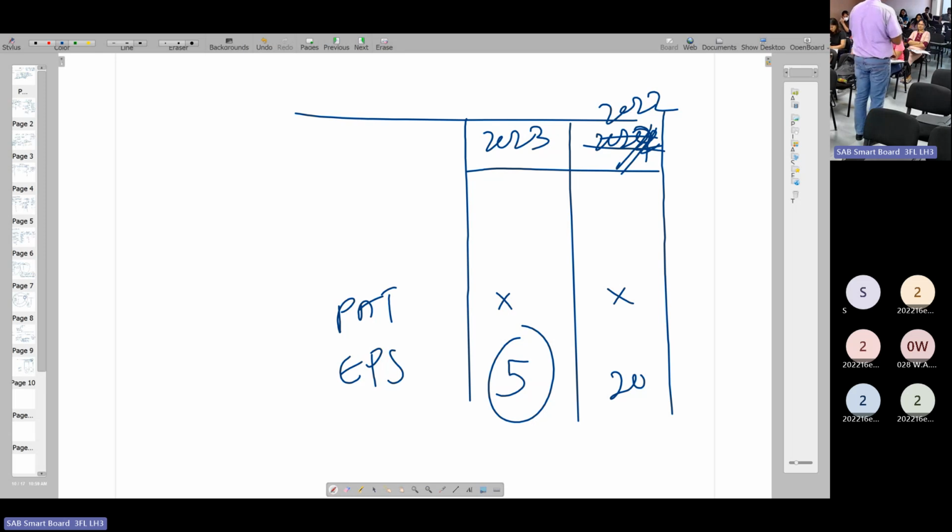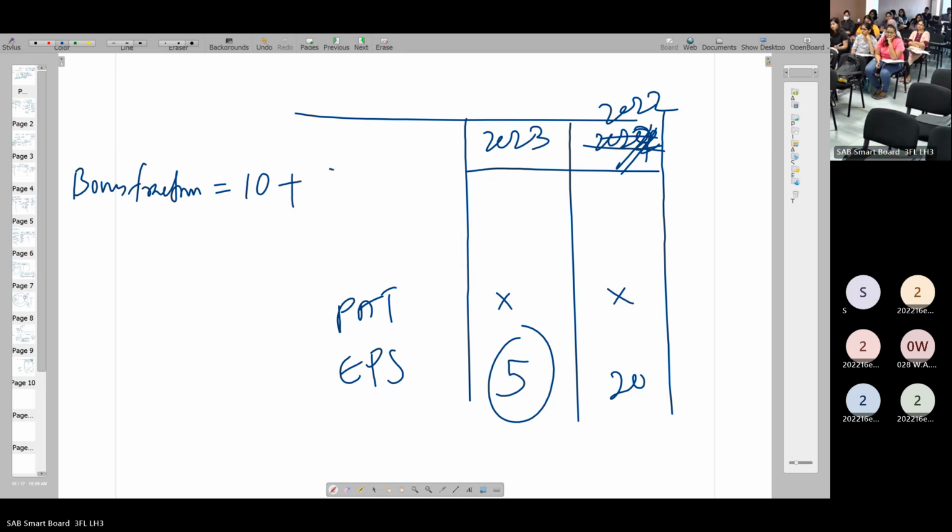So when there is a rights issue, the number of ordinary shares will go up. In both circumstances, there is a bonus fraction. What do you mean by bonus fraction? Bonus fraction equals: there is an existing number of shares. If you have 10 million ordinary shares available and the bonus issue is 5 million, then what is the total number of shares? 15 million.